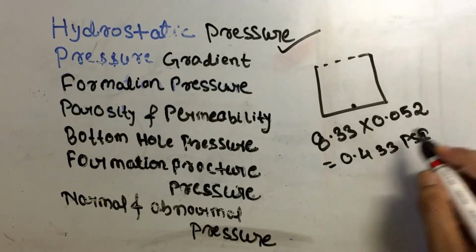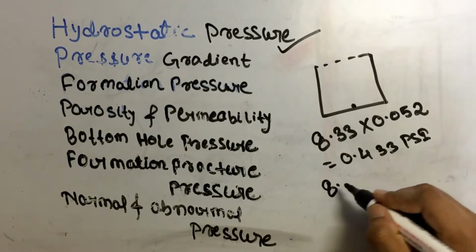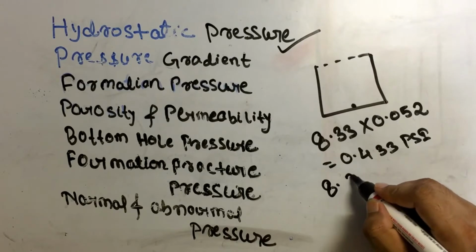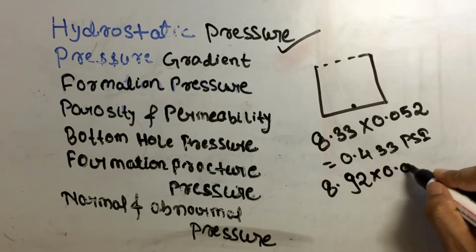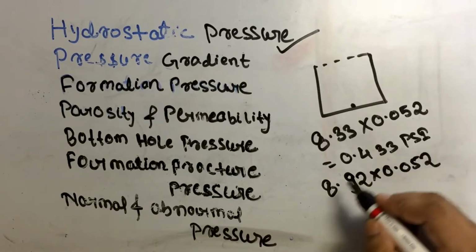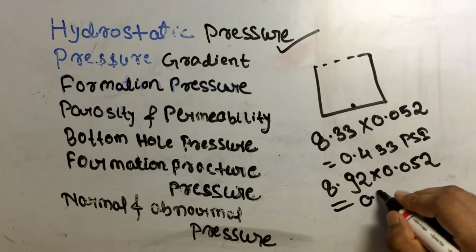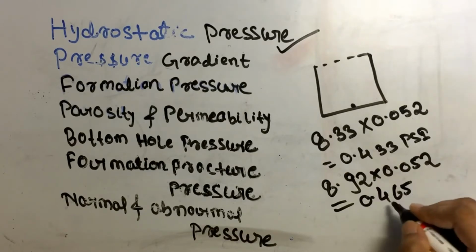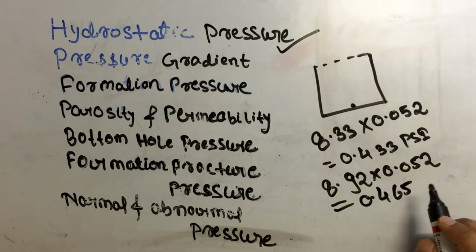And for salt water, 8.92 times 0.052, and then you will find 0.465. This is the pressure gradient for salt water.